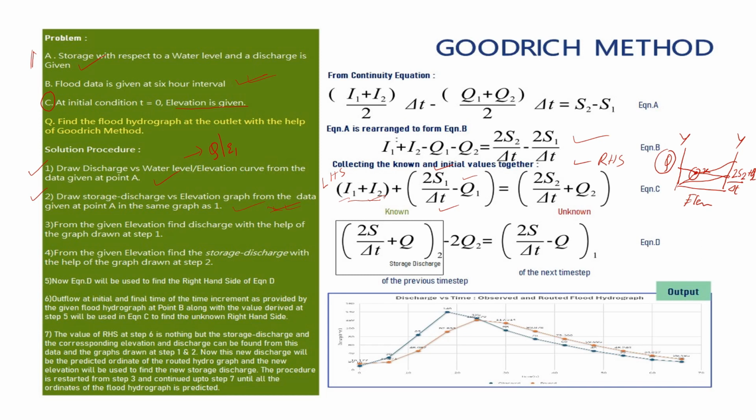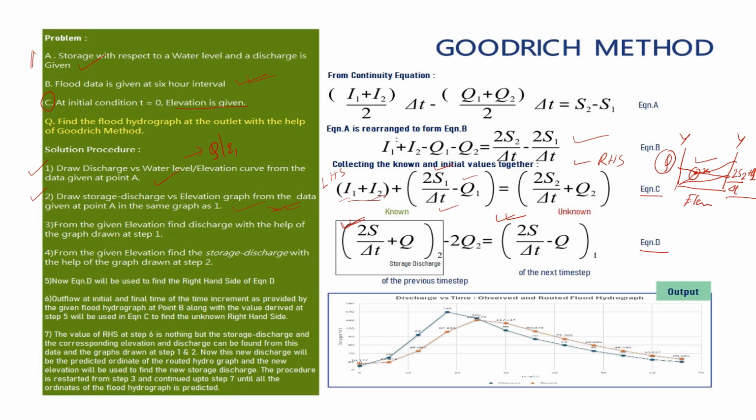So then from equation C we rearrange it and get equation D. Here they say that to find this value, we have to use 2S by del t plus Q minus 2Q2. For the elevation x, we know 2S by del t plus Q, correct?